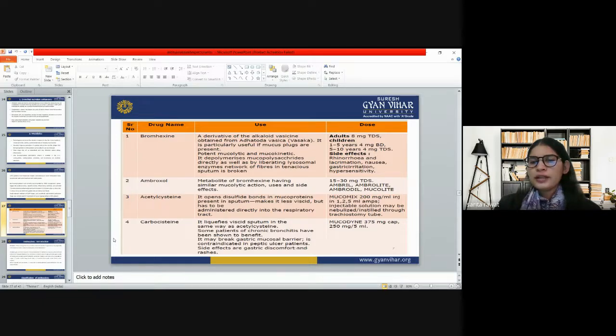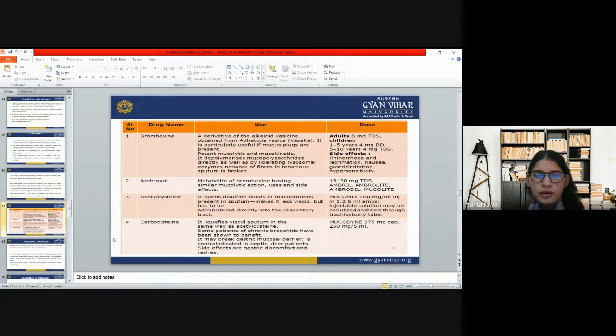The side effects of bromhexine include rhinorrhea and lacrimation, nausea, gastric irritation, and hypersensitivity reactions.